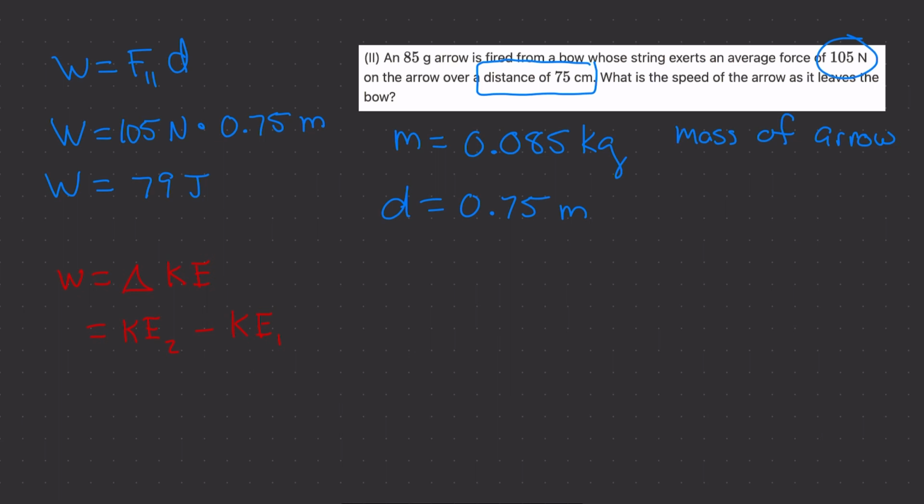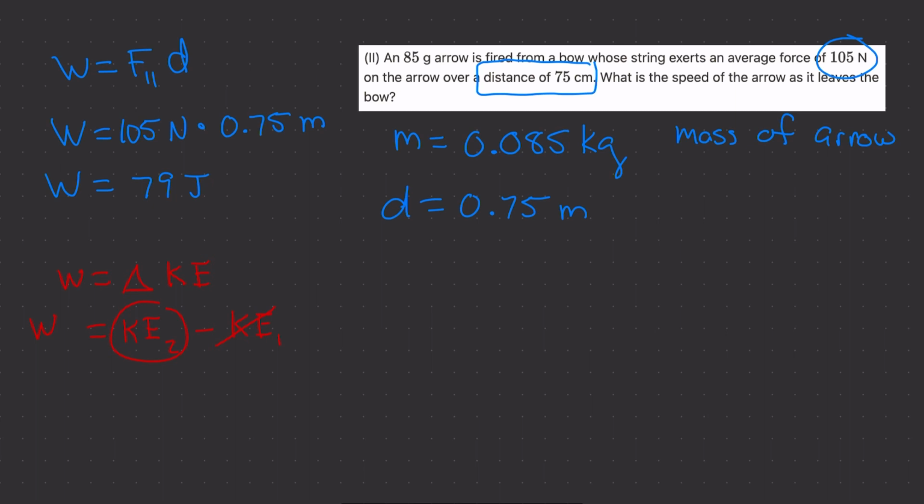And we should make a mental note at this point that conceptually, the arrow's initial kinetic energy was 0 if you were holding it to fire because it was not moving. So then we can strike out that initial kinetic energy, and all we're really looking for in our work energy principle is the final kinetic energy of the arrow. That's going to be equal to the change if we started at 0.